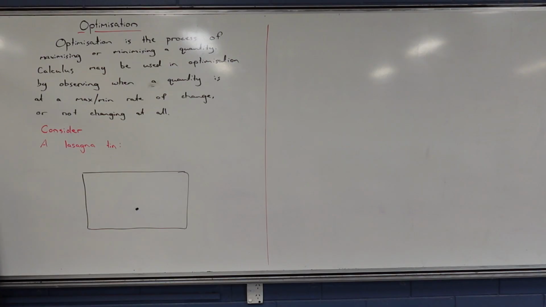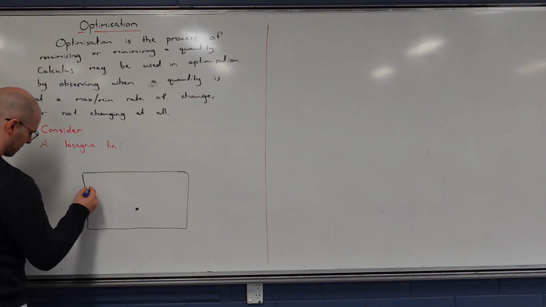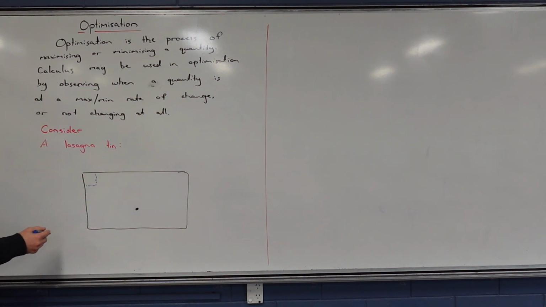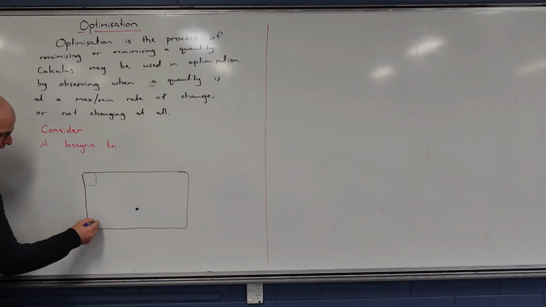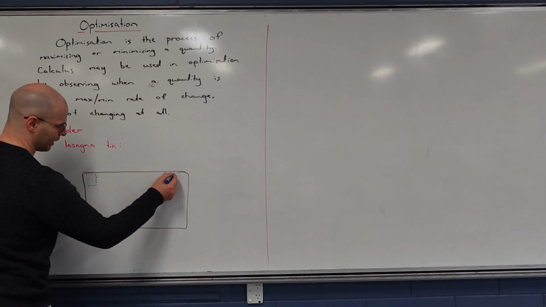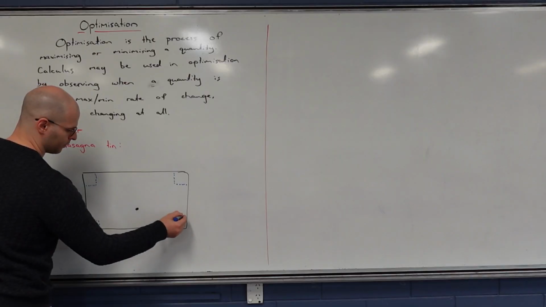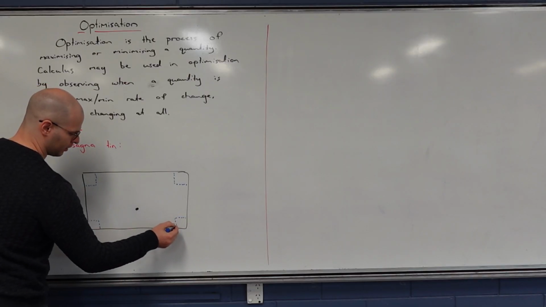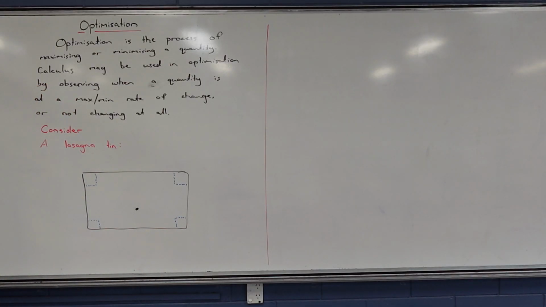Okay, suppose we have a lasagna tin. You could make this tin simply by getting a piece of tin straight out of your metalwork class, and then using this singular tin, you could punch a hole there or a square there, and punch another square there, and another, and the final one.